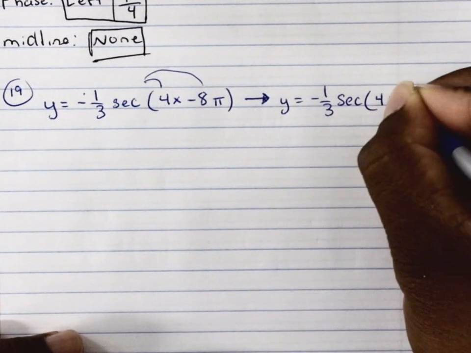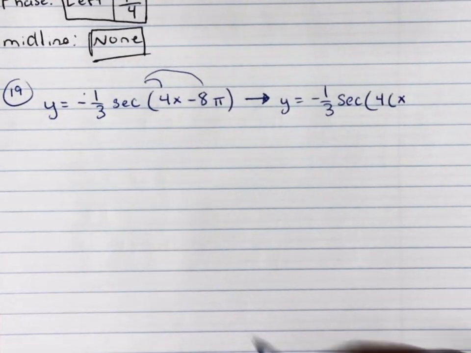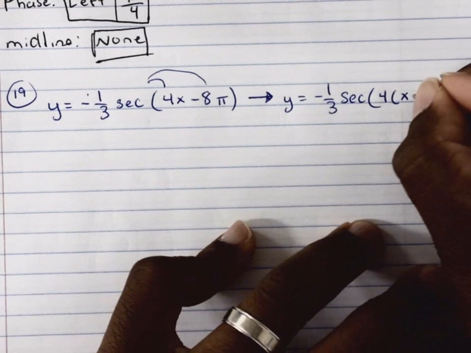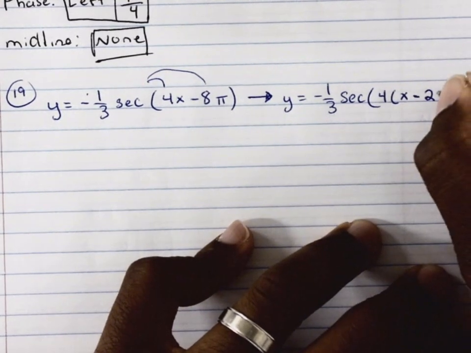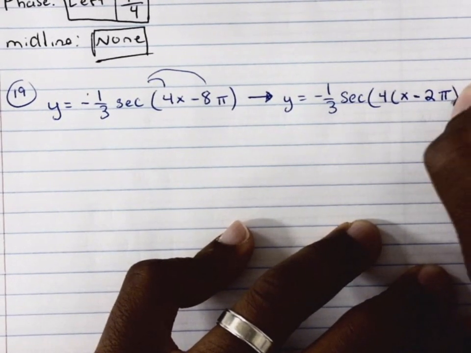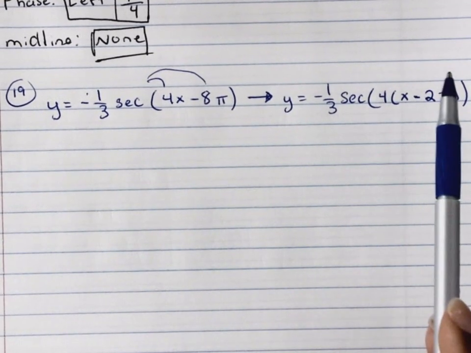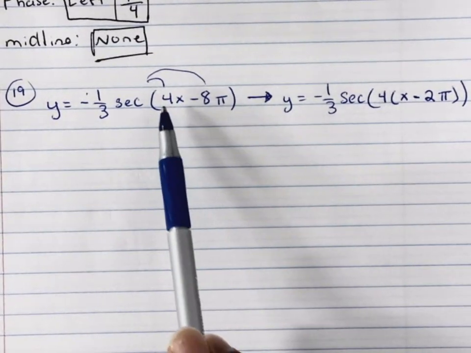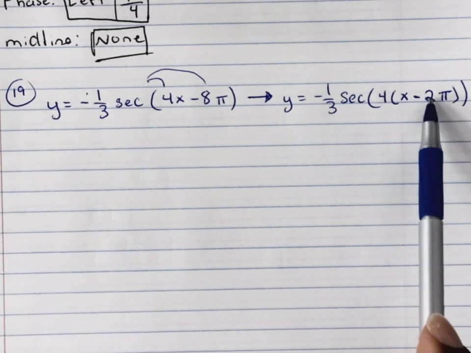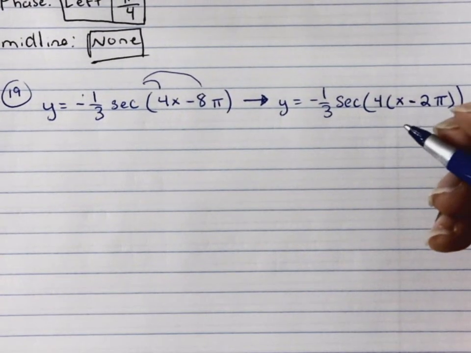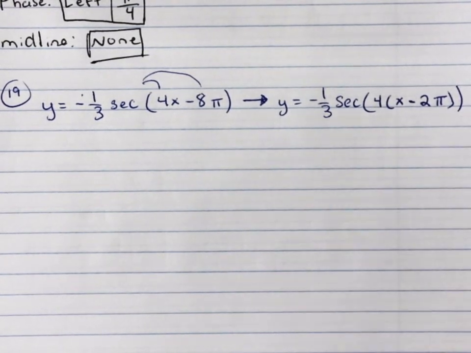We factor out 4, and we would have divided by 4, so -8 divided by 4 is -2 pi. So I know it works because I can distribute 4 and I should get what I started with. So 4 times x is 4x, and then 4 times -2 pi is -8 pi. So I know I got it right just by checking if I redistribute it.